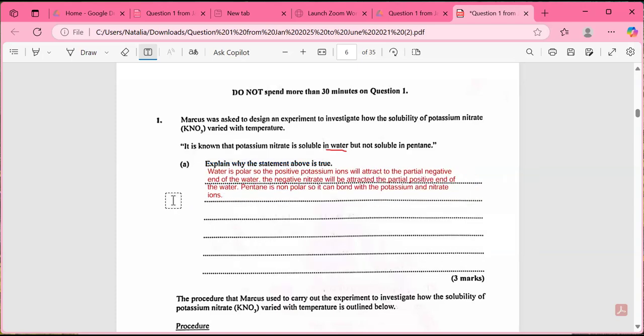All right, so once you're explaining why any ionic compound dissolves in water, you must talk about the polarity of water, saying the partial negative end of the water and the partial positive end of the water. We can't just say the negative end of the water. Clear?